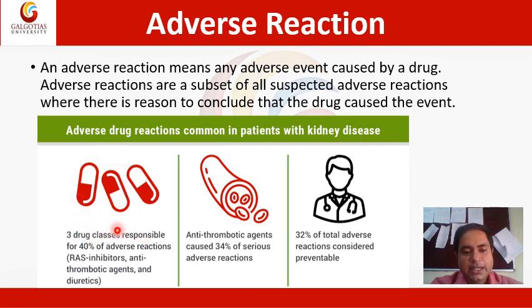Actually, three drug classes are responsible for 40% of adverse reactions, that is RAS inhibitors, antithrombotic agents, and diuretics. Antithrombotic agents cause 34% of serious adverse reactions, and 32% of total adverse reactions are considered preventable.